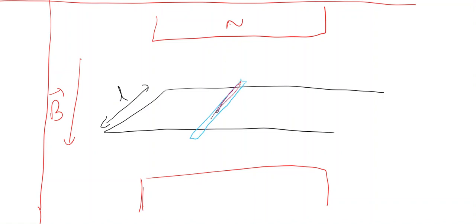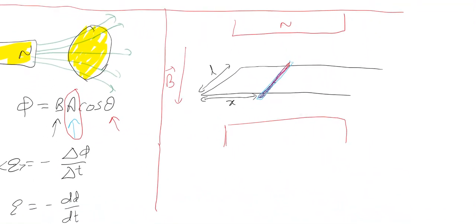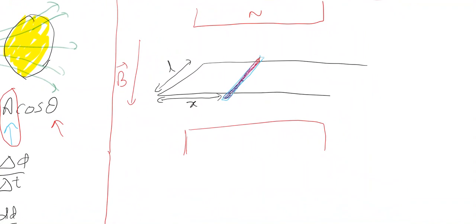Where I have placed the conducting rod, let me consider that the rod is placed in such a way that this distance is x. Now, can I say there is flux linked with this enclosed part? Where is the enclosed part? Here is the enclosed part. So how much is the flux linked?